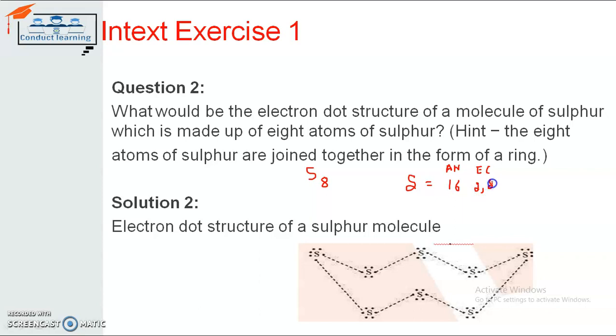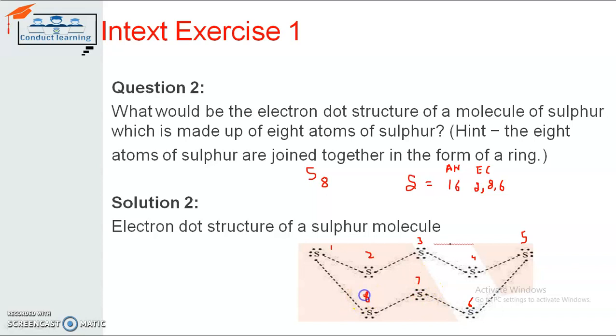It has 6 electrons in the outermost shell, so it needs two electrons to become an octet or become stable. The 8 atoms of sulfur presented there are: first atom of sulfur, second, third, fourth, fifth, sixth, seventh, and eighth.